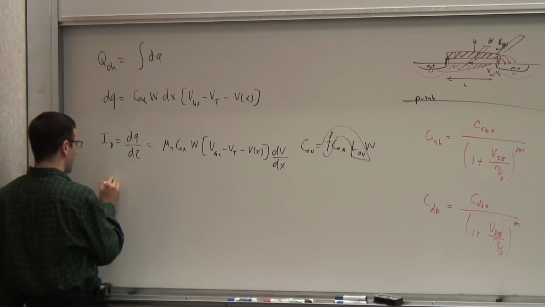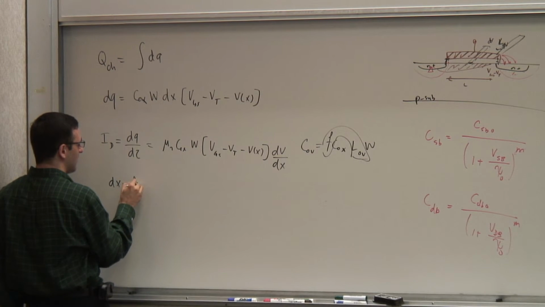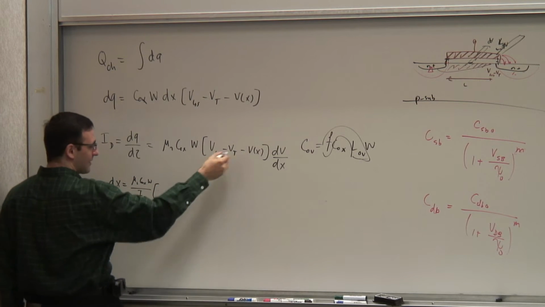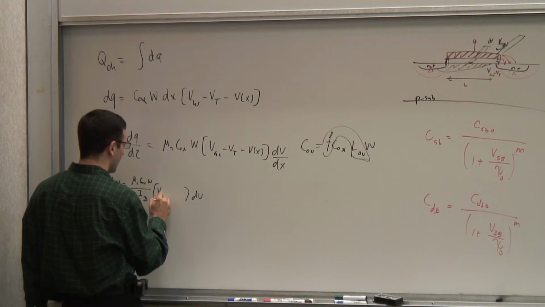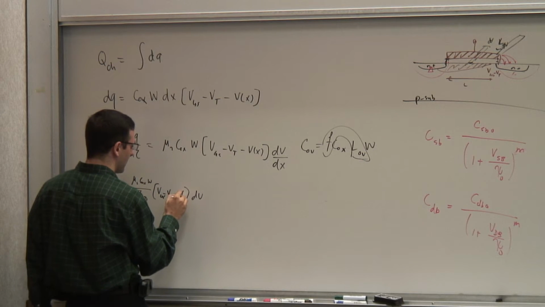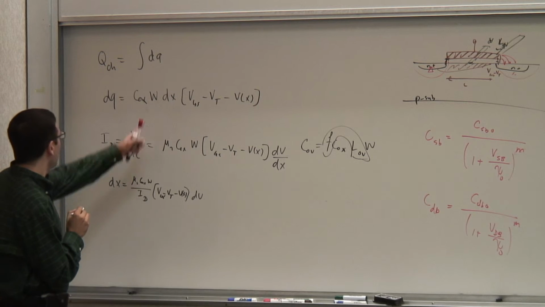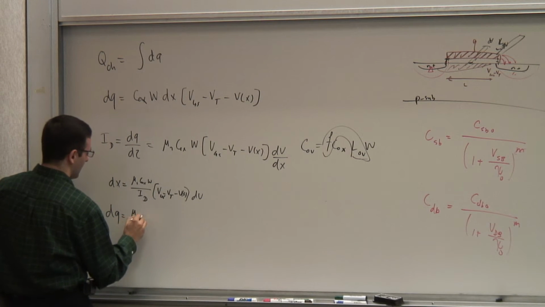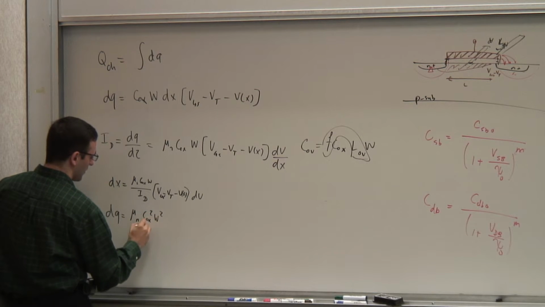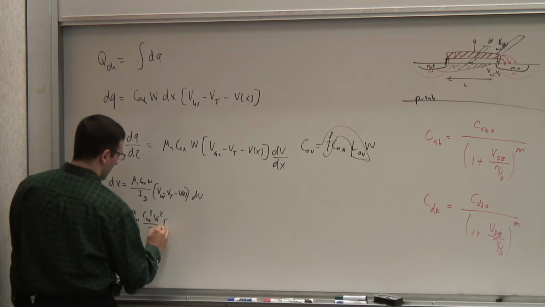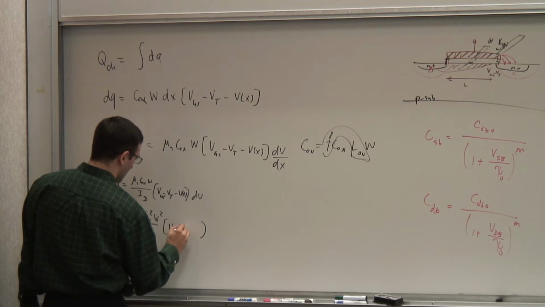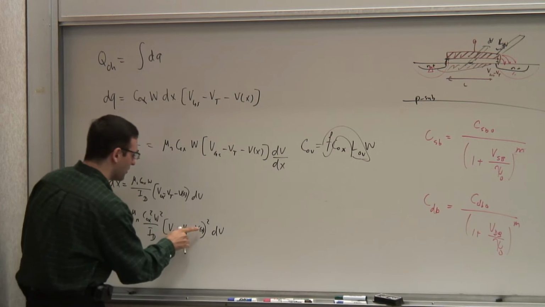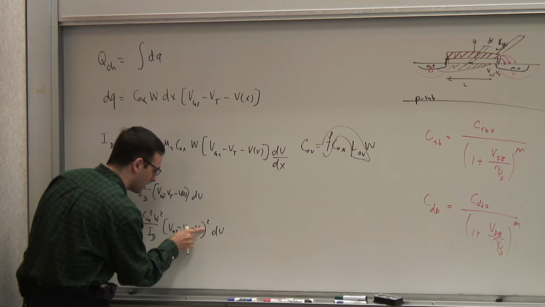Well, I need to rewrite this as dx is basically mu n Cox W over ID times (VGS minus VT minus V of x) times dV. And then I plug that into this expression, so dq becomes mu n Cox squared W squared over ID times (VGS minus VT minus V of x) squared dV. Now, the good thing is that I don't even need to worry about x because it's in terms of V.